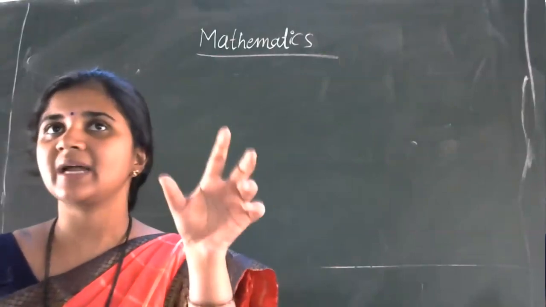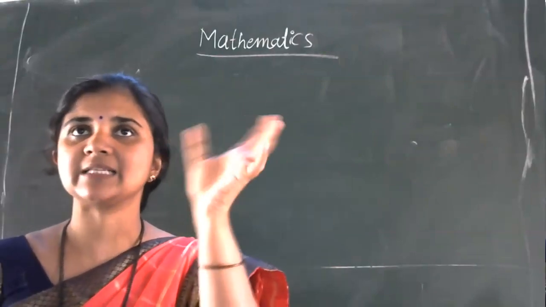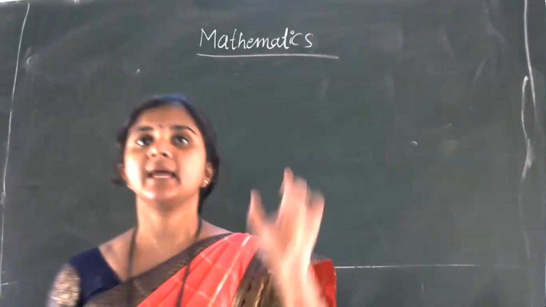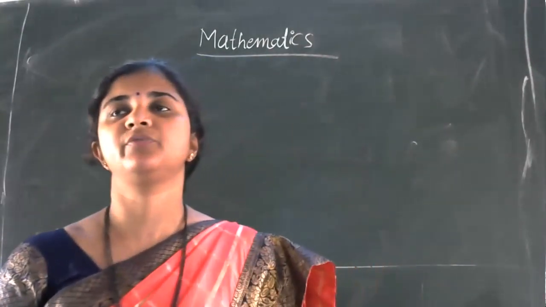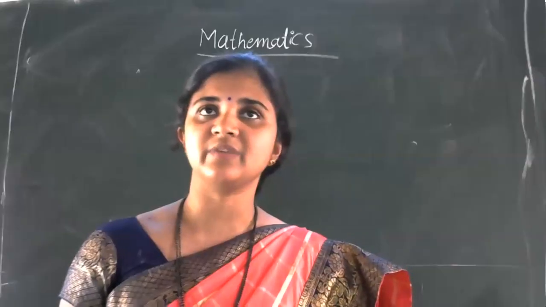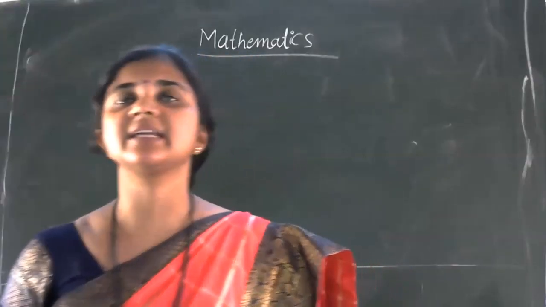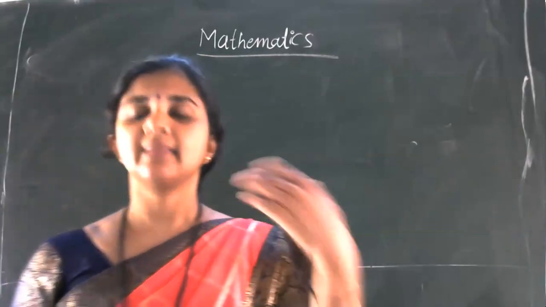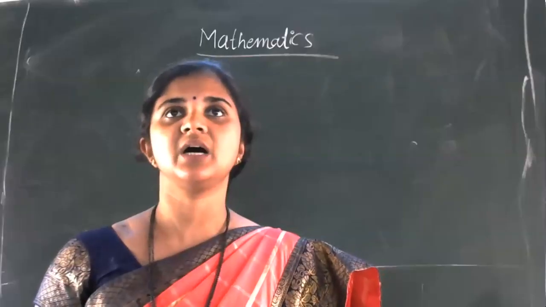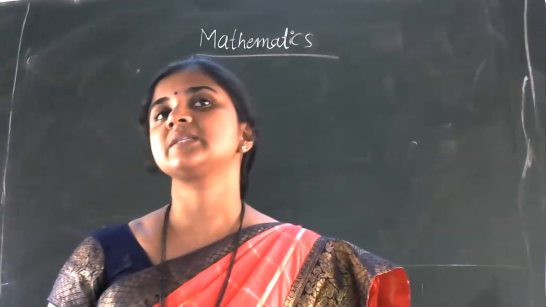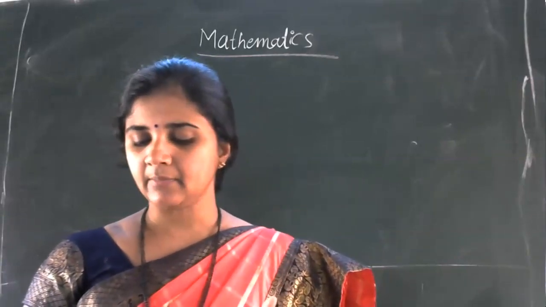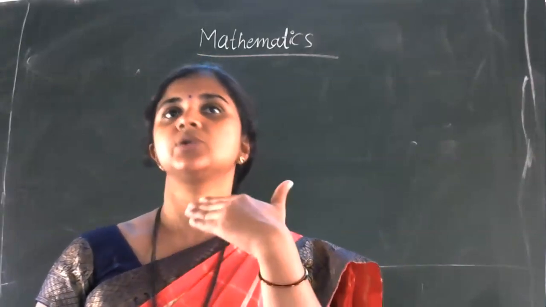First write the heading algebraic identities. Then write identity 1, identity 2, identity 3, identity 4, and whatever examples we discussed now, copy those examples into your fair notes. Then start with exercise 2.5, that is the fifth exercise. In the fifth exercise, first main, second main and third main is homework.